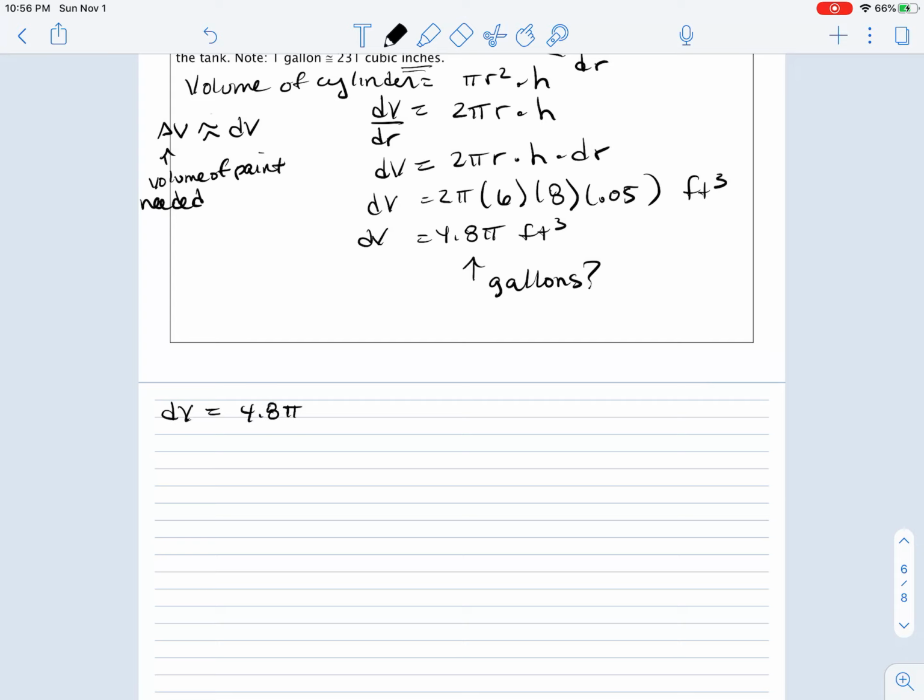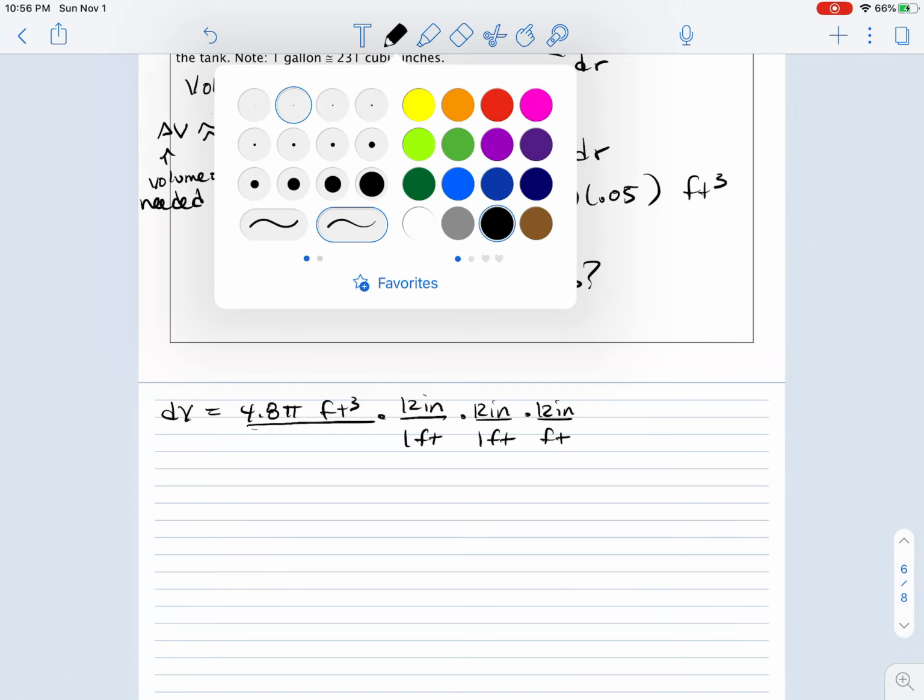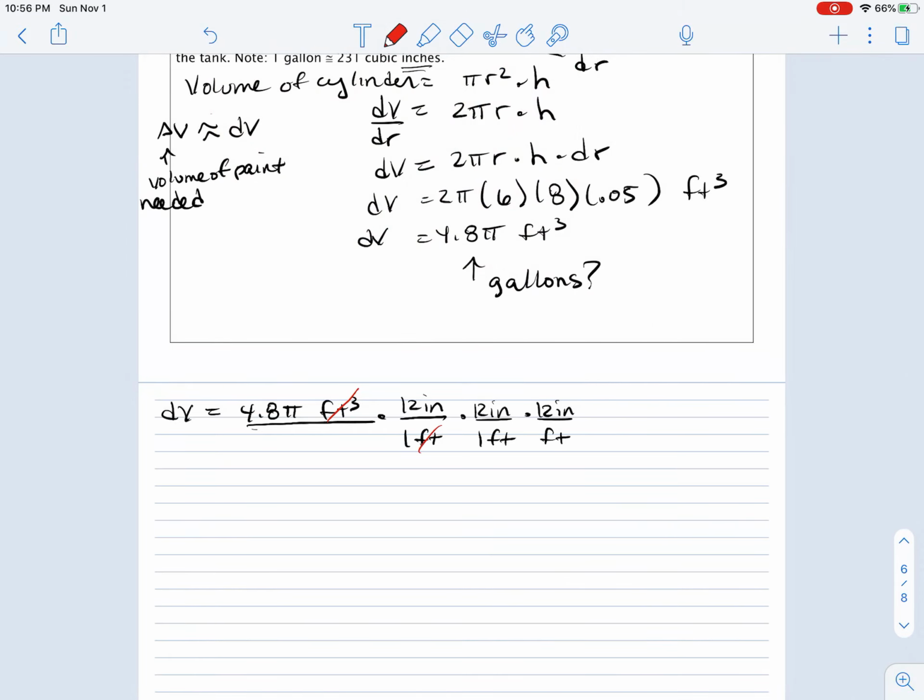What is this in gallons? All right, so we've got dV equal to 4.8 pi cubic feet. If I multiply by 12 inches per 1 foot, I'll have to do that 3 times so that I can cancel cubic feet with 3 feet, right? And so that's going to give me my cubic inches.